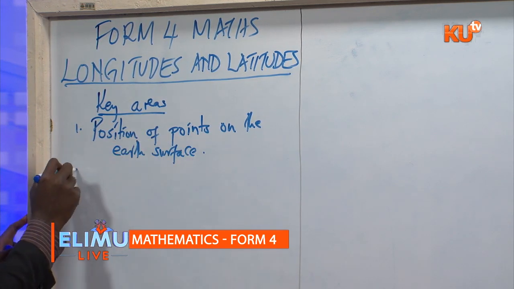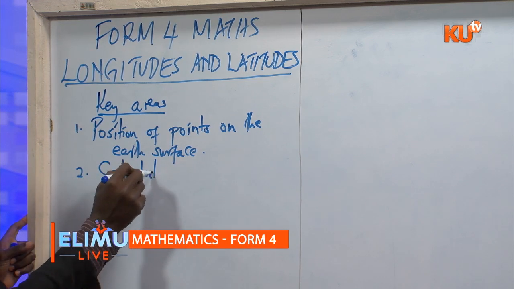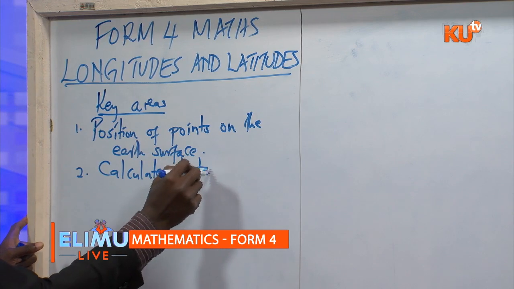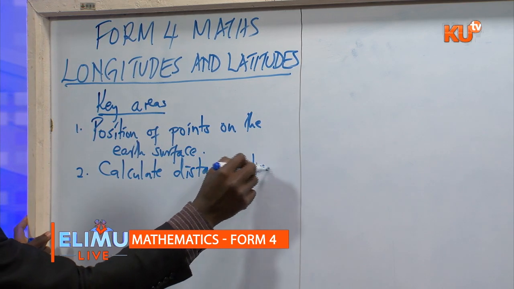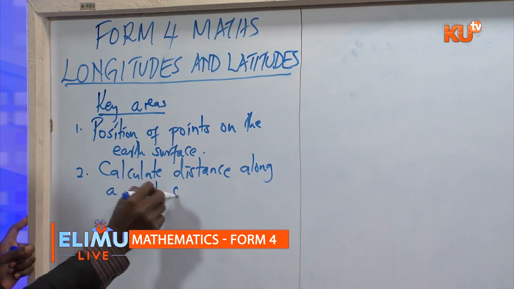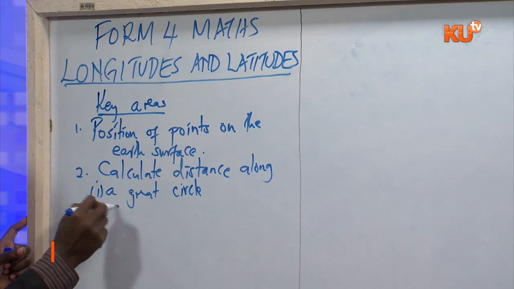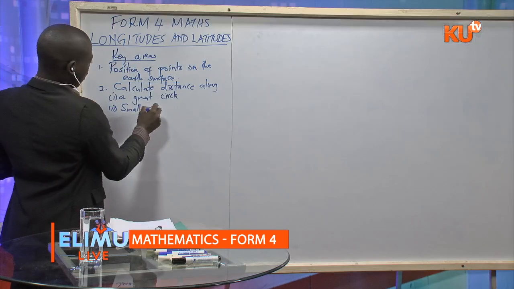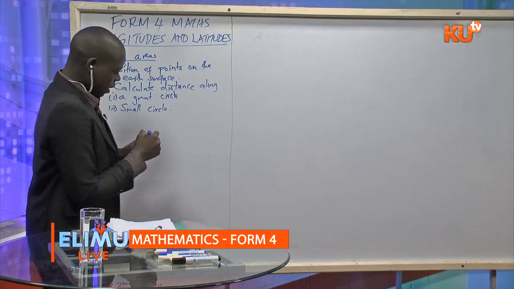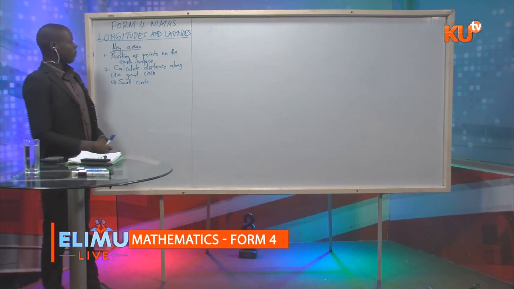Then number two, we are going to calculate distance along a great circle, and along a small circle. So those are the areas that we need to look at in our lesson today.